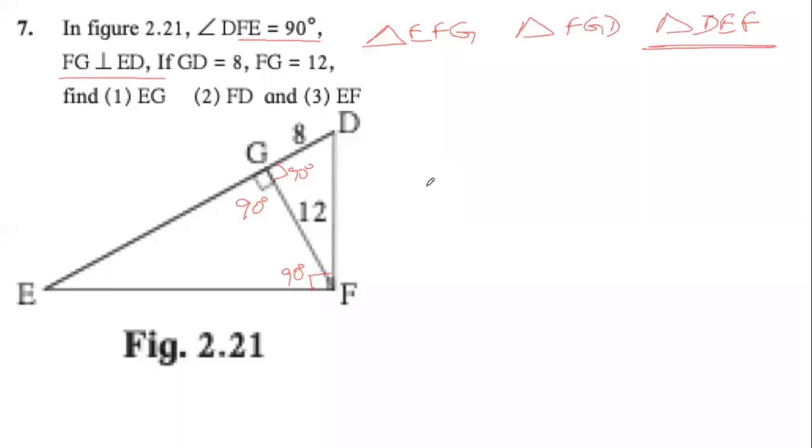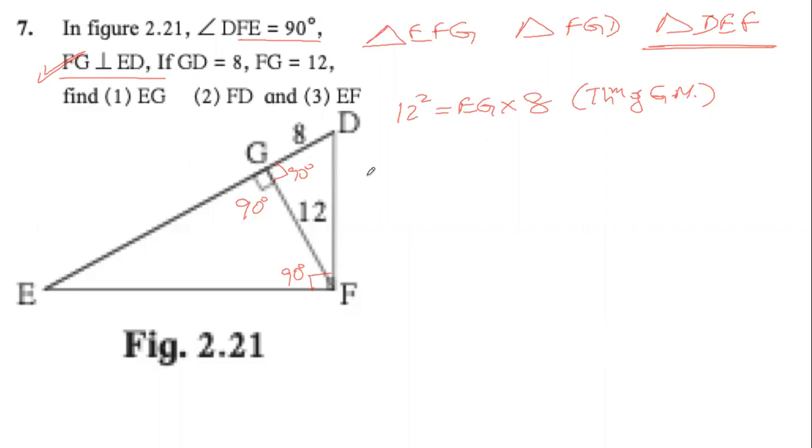Now in the right angle triangle DEF, we have an altitude FG which is perpendicular to the hypotenuse ED. So the theorem of geometric mean is applicable, and when we use that, we can write 12 square equals to EG into GD, which is 8. Theorem of geometric mean.